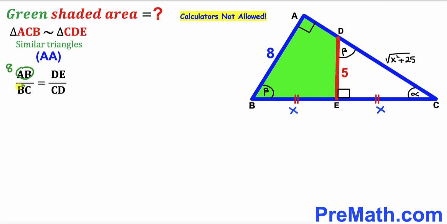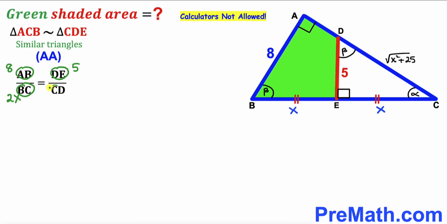Now let's focus on BC side length. We know this whole BC side length is going to be x plus x, which gives us 2 times x. So we are going to replace BC with 2x. Now DE length is 5 units, so I'm going to replace that one with 5.